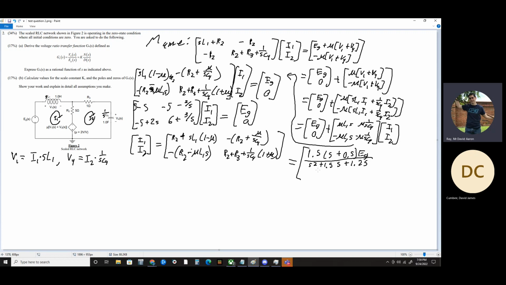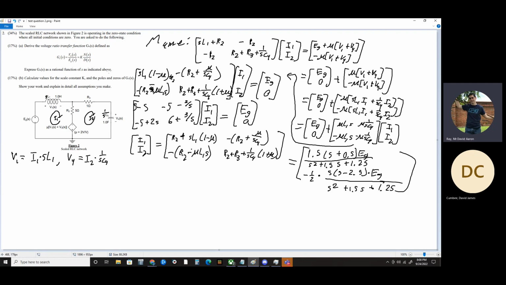Then this bottom one is negative 1 over 2 times s times s minus 2.5 times EG over s squared plus 1.5s plus 1.25.